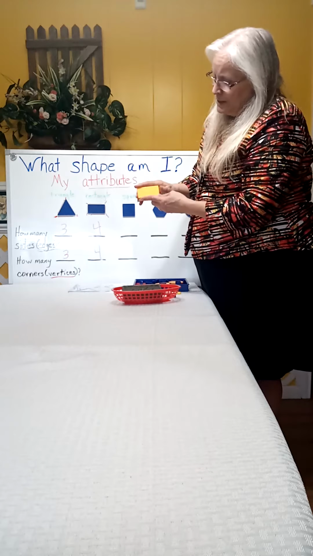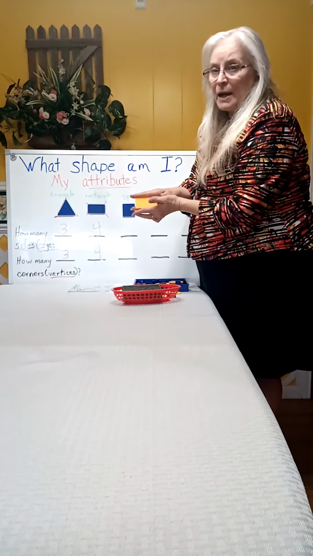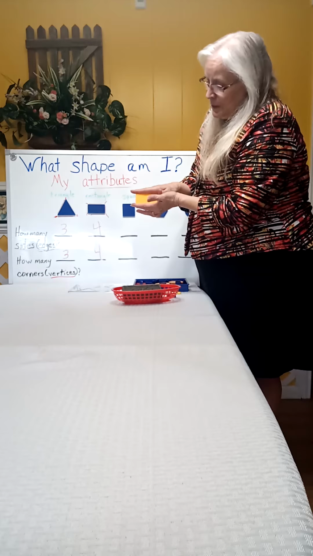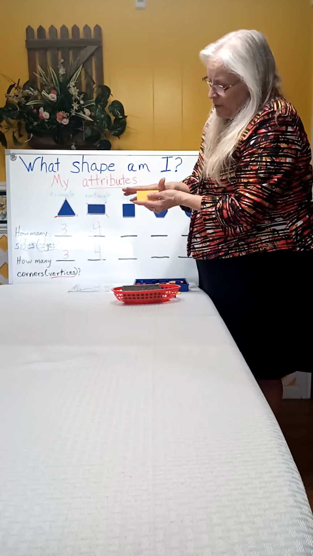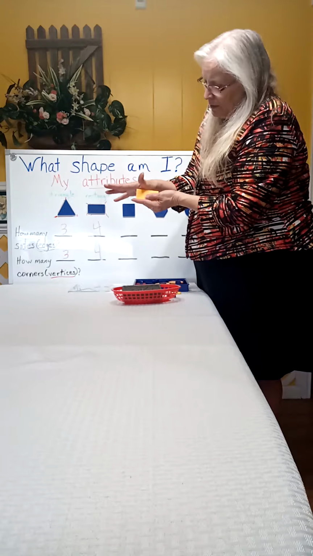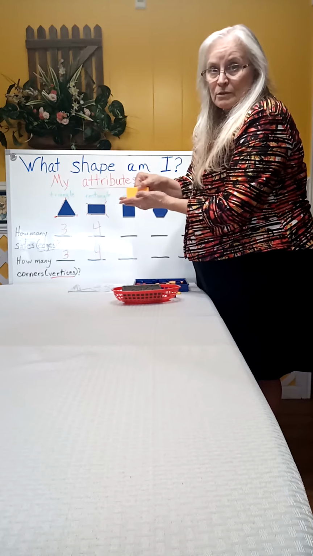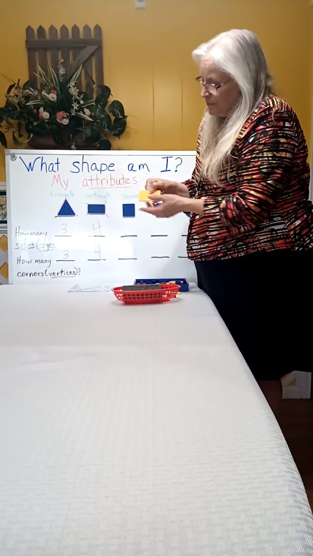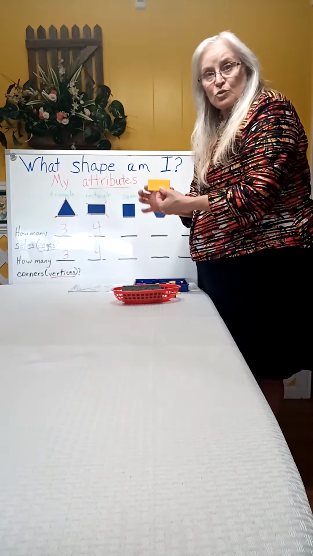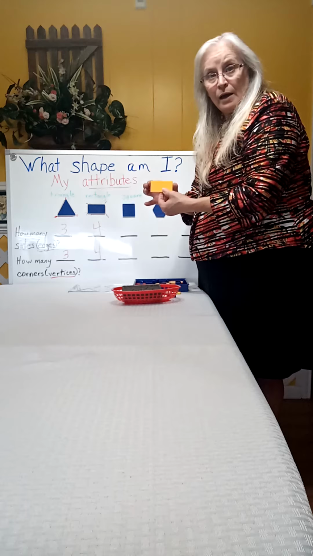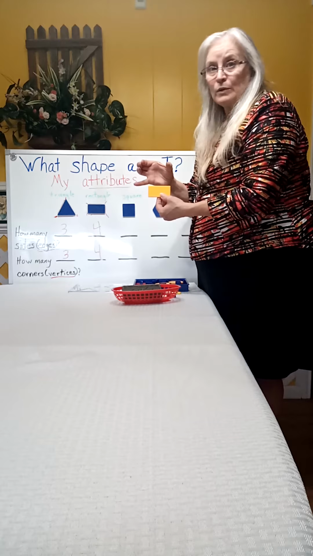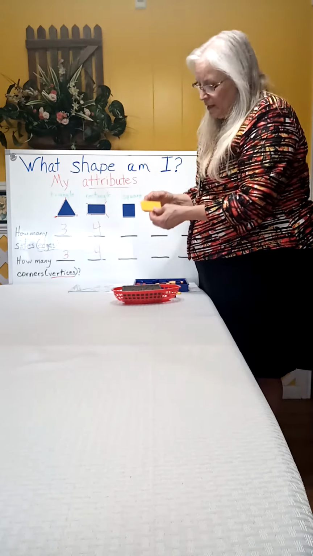Okay? Now these sides are what's called parallel. That means that if we draw them out and out, the 2 long lines will never meet. If we do the same thing with the short lines and draw them out, they will never meet. That's parallel.